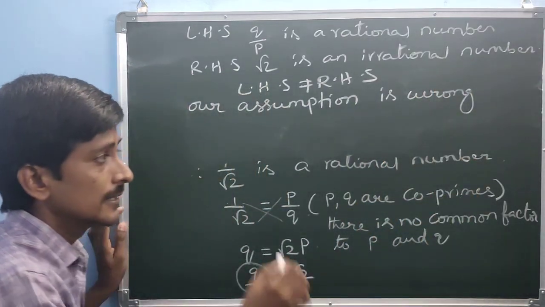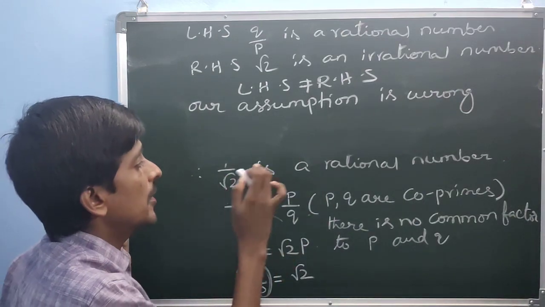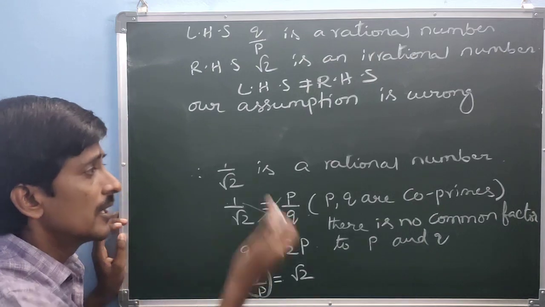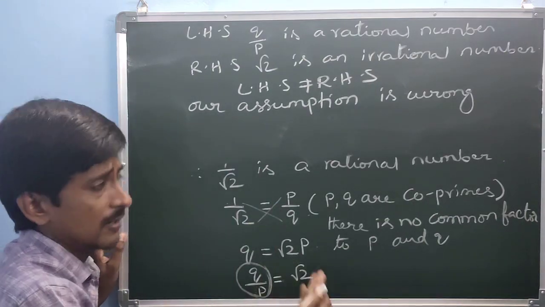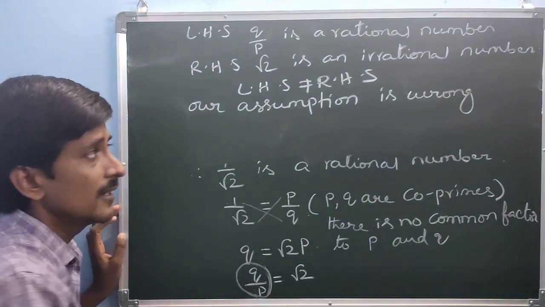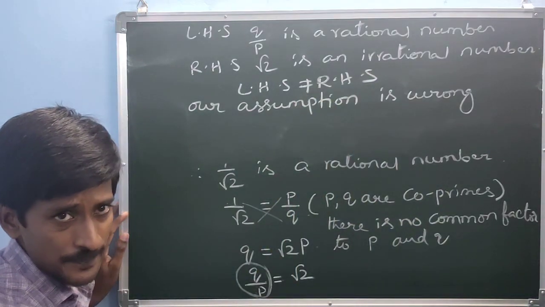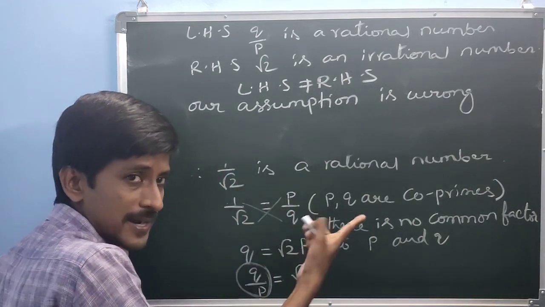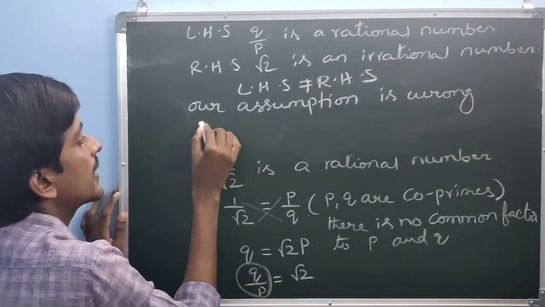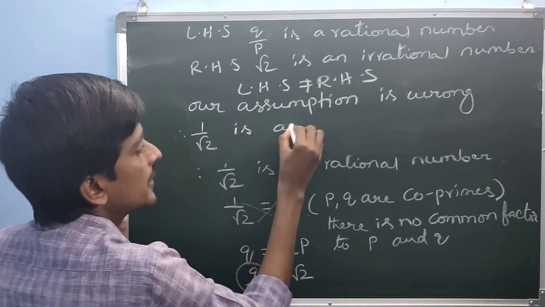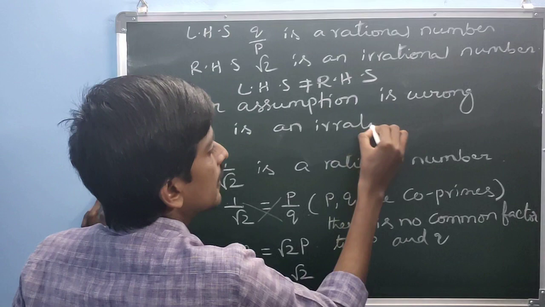Therefore, 1 by root 2 is an irrational number.